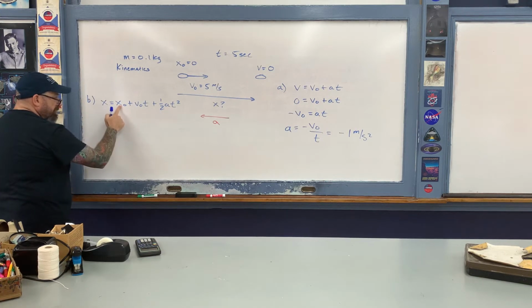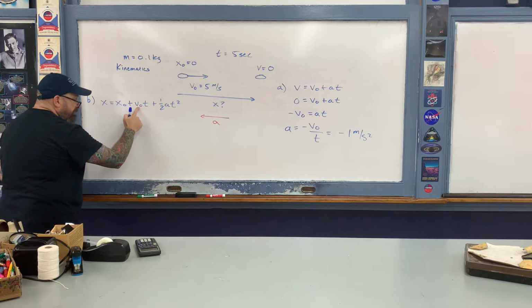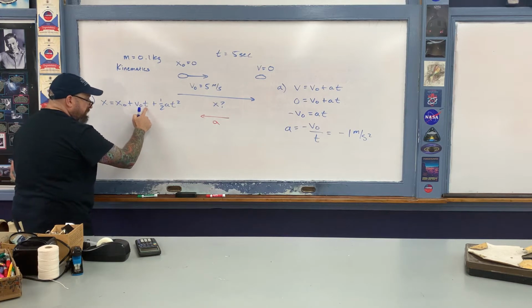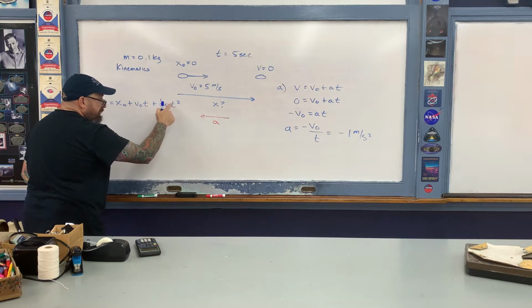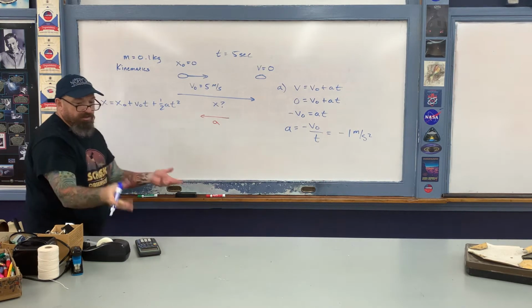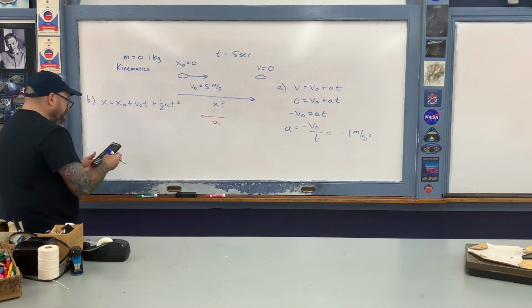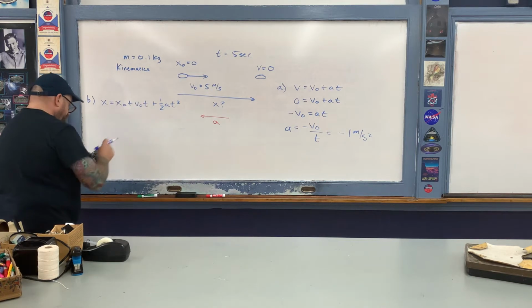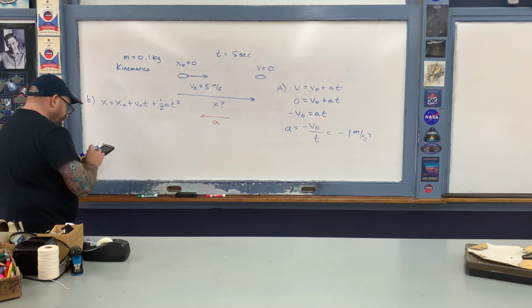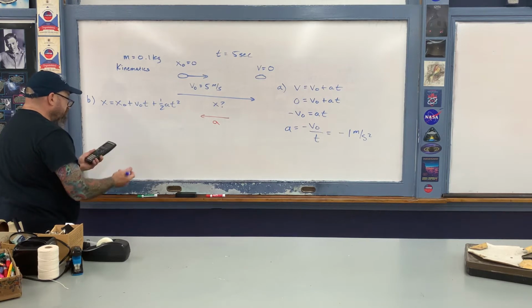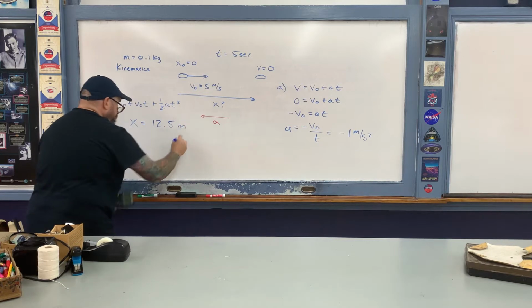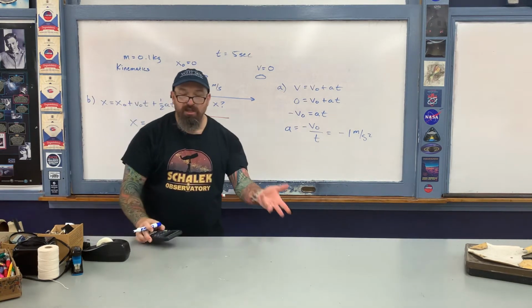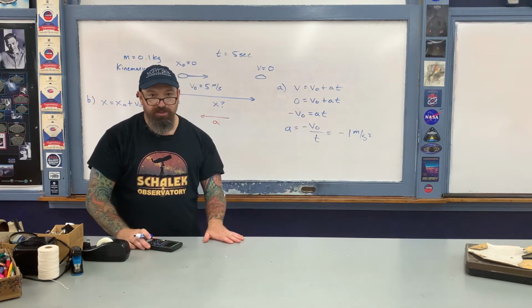The initial position is 0, plus 5 meters per second times 5 seconds, plus 1/2 times negative 1 meter per second squared, times 5 squared. So let me go ahead and plug in everything. 0, and then 5 times 5, plus 1/2 times negative 1 times 5 squared. This ends up being a final position x of 12.5 meters. So the object slides 12.5 meters in coming to rest.